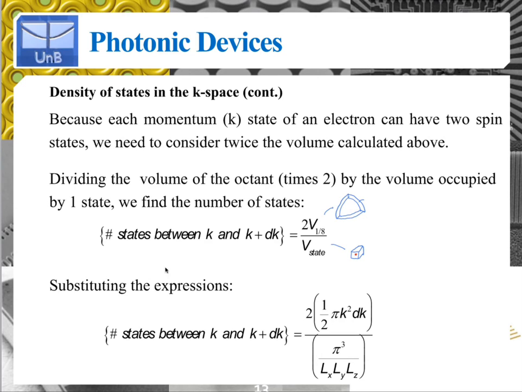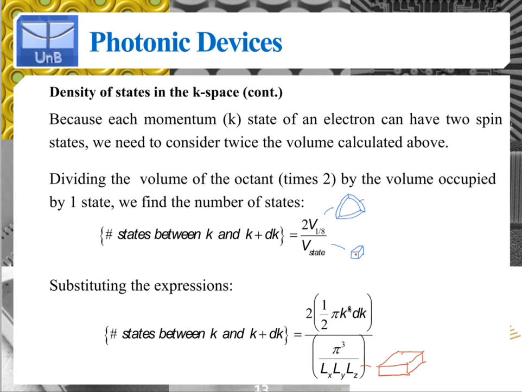So now we just need to substitute the expressions, right? The volume of the octant is, as we just said, one half times pi times k squared dk. And we calculated before the volume of each state, which was pi cubed divided by Lx times Ly times Lz, which, as we said, is the volume of the actual block of semiconductor that we are taking into account in physical space.